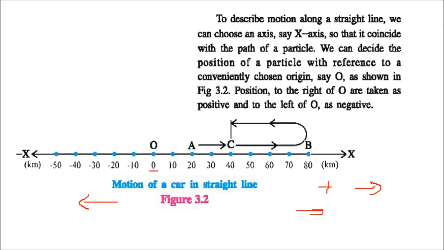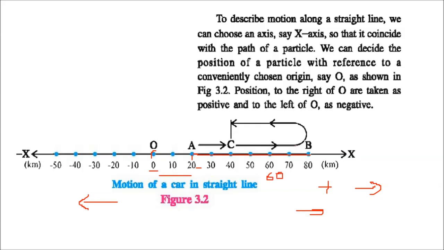Now in this scenario, what is happening? The object is not starting from the origin. The object starts from position A, which is already 20 km ahead of O. The object is in motion and moves to B. How much distance has it traveled? 80 minus 20, which is 60 km.